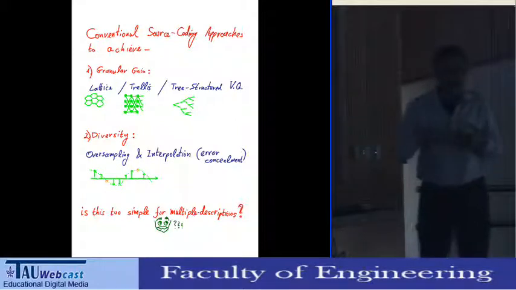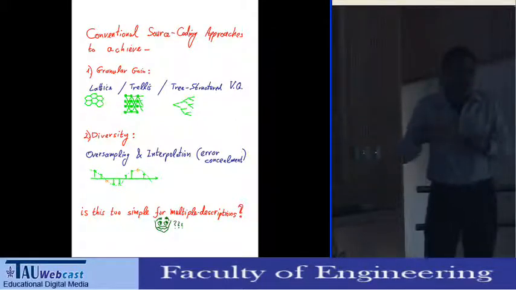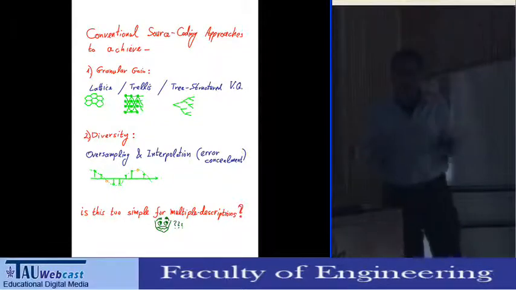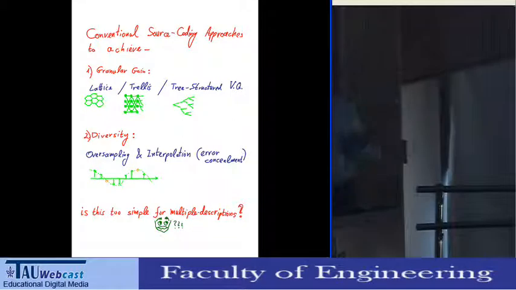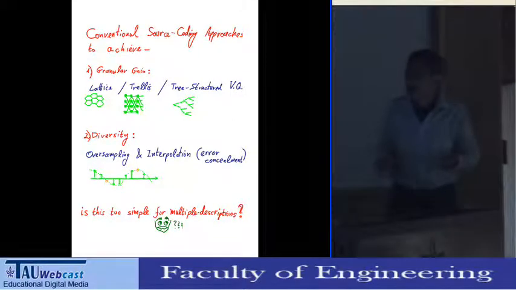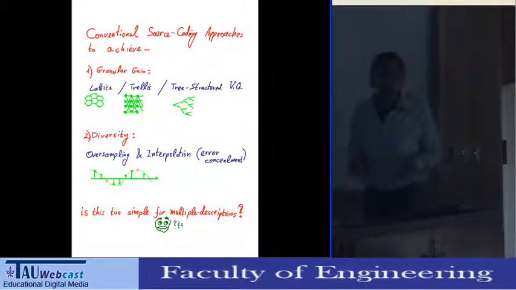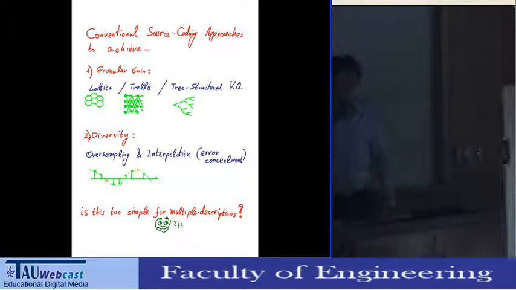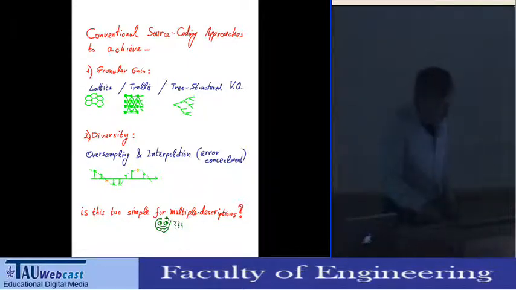You just sample the information faster, and then you get redundancy in the sense of signal processing. More samples of a band-limited source, and then if you are losing some samples, it's not such a bad idea. But maybe this idea is too simple to close the gap to multiple descriptions. I want to show you that, in fact, it's not too simple.